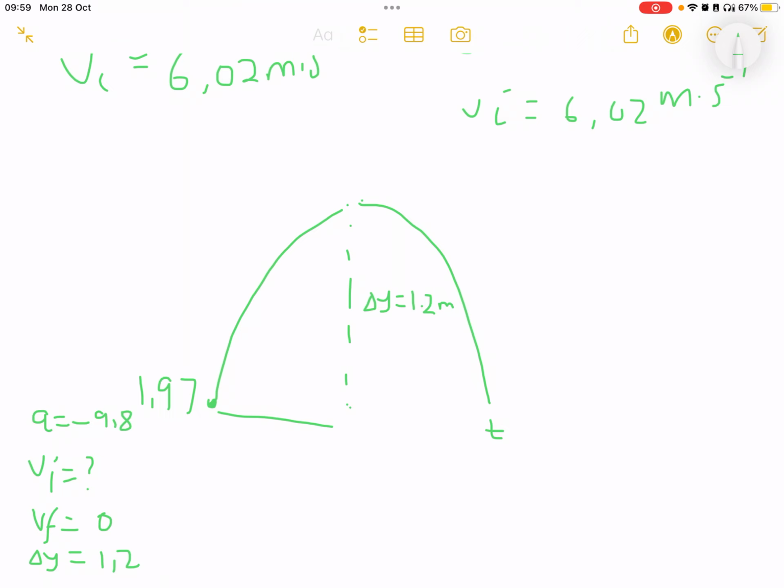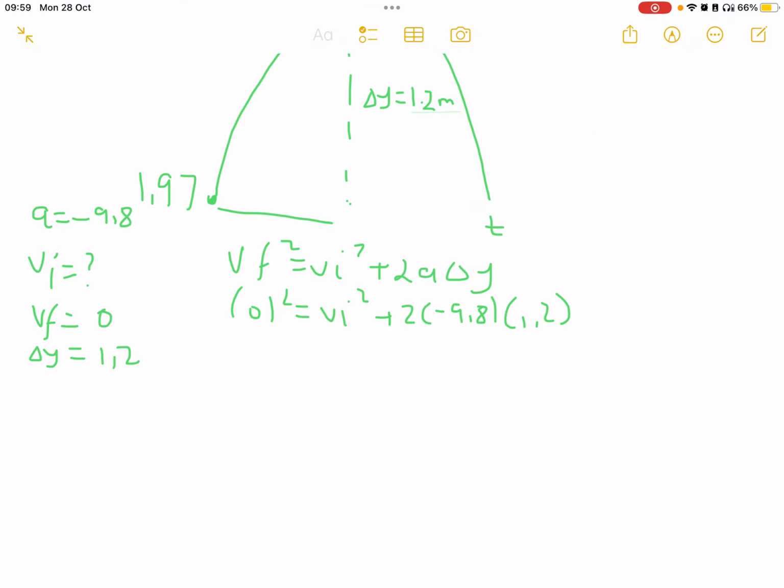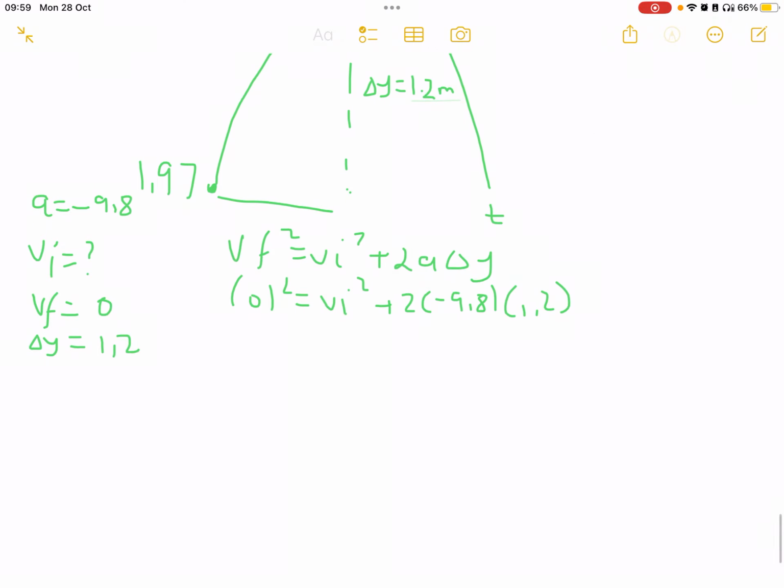The formula that combines that is our infamous VF squared equals VI squared plus 2A delta Y. Now 0 squared is equal to VI squared plus 2 times minus 9.8 times 1.2.